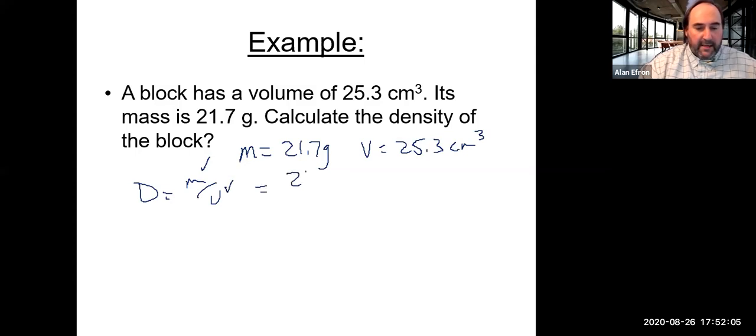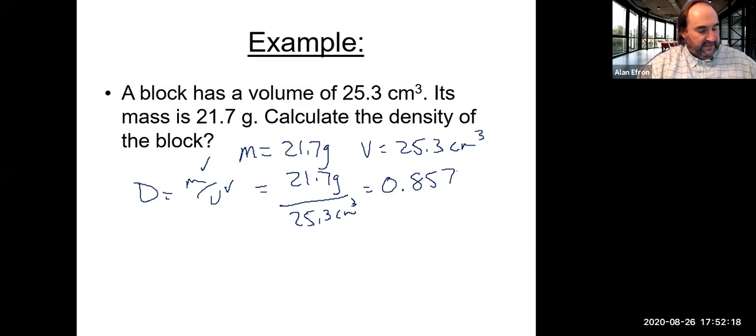Putting in our mass of 21.7 divided by our volume of 25.3, you get 0.857770751 on the calculator. Units are grams per cubic centimeter, as they do not cancel, so they both remain.